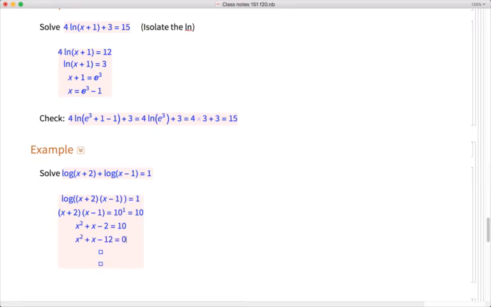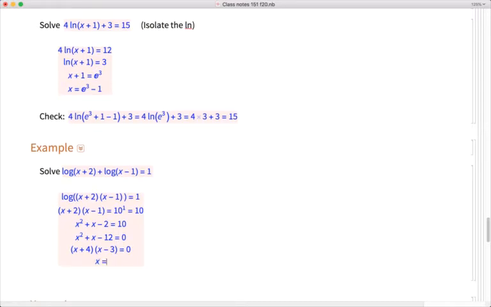So now I do have 0 on one side, and so now, fickle as I am, I want to go back to factored form. A quick guess and check there brought it to me. I think I had that right. So it looks like x is equal to 3 or minus 4.